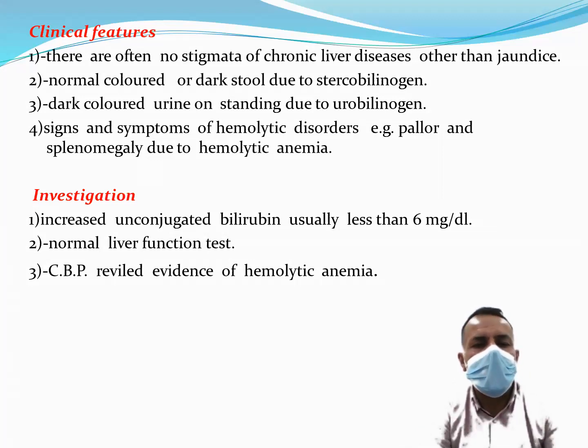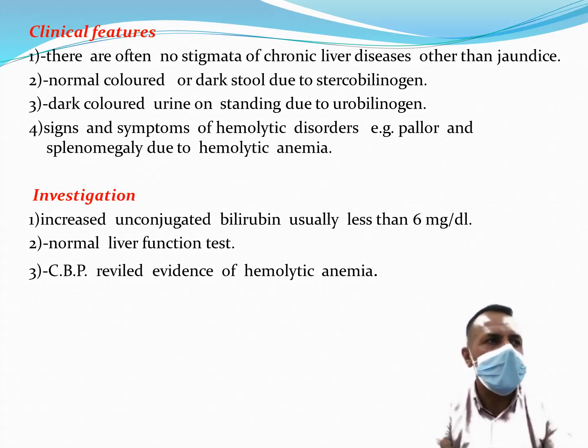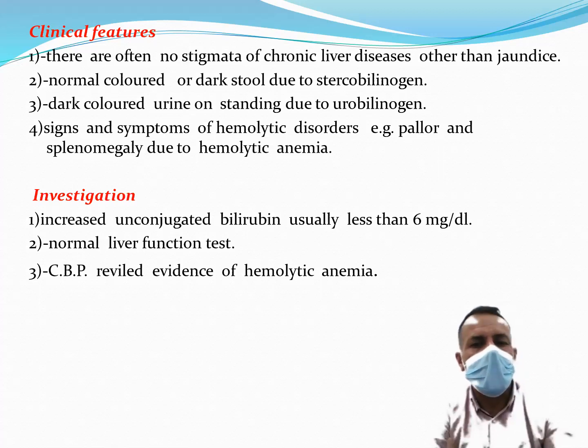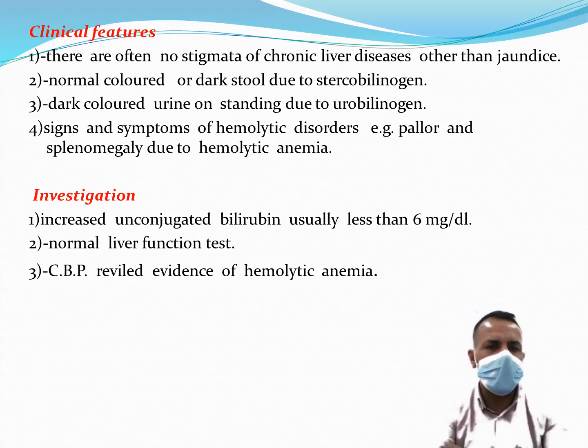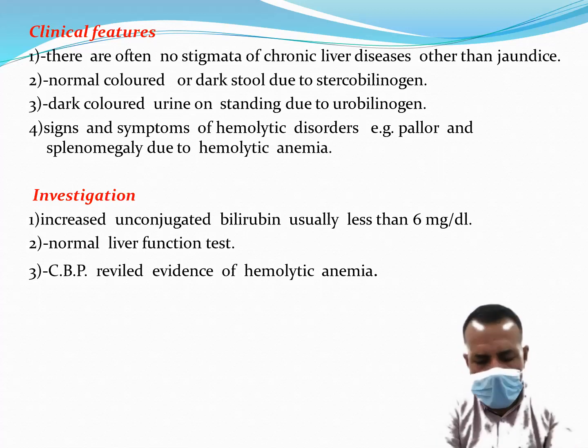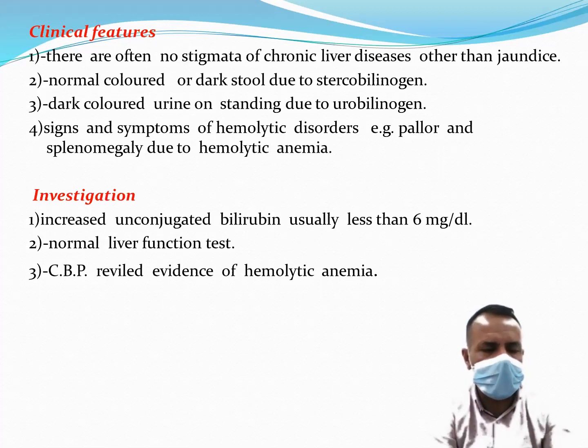Signs and symptoms of the hemolytic disorder, such as hemolytic anemia, thalassemia, sickle cell anemia. For example, pallor due to anemia, splenomegaly due to thalassemia or sickle cell anemia or spherocytosis. All these we look for in a patient with prehepatic jaundice, or hemolytic jaundice.